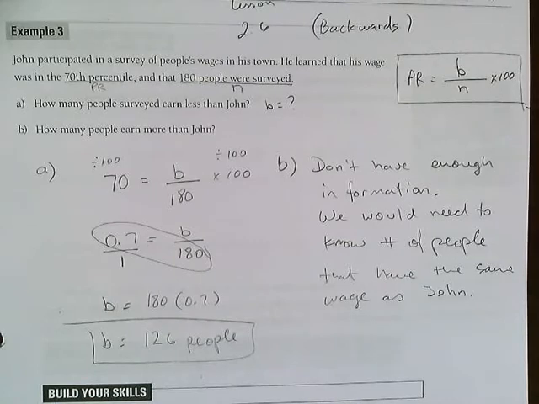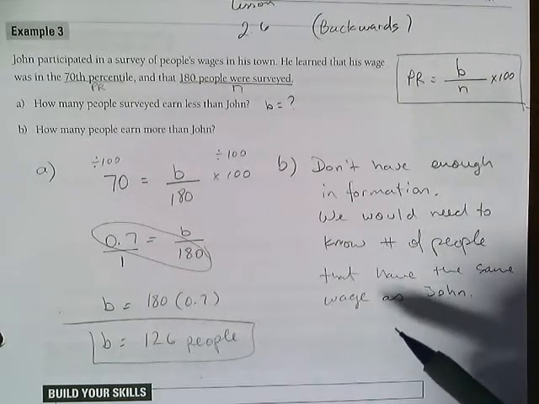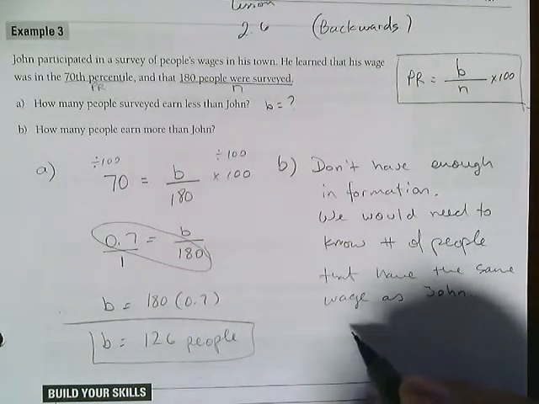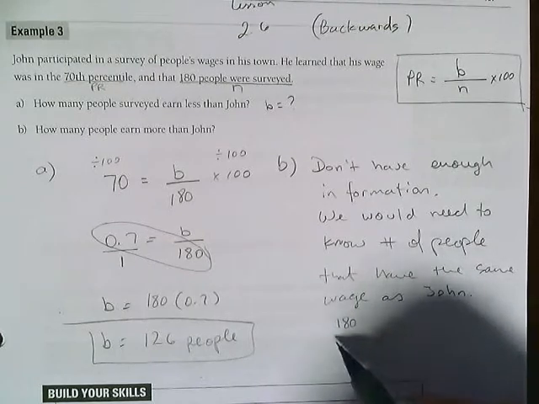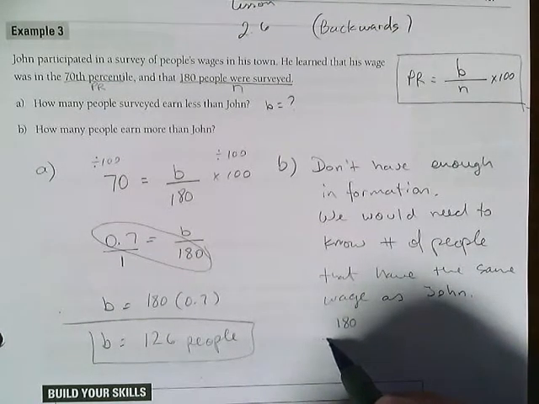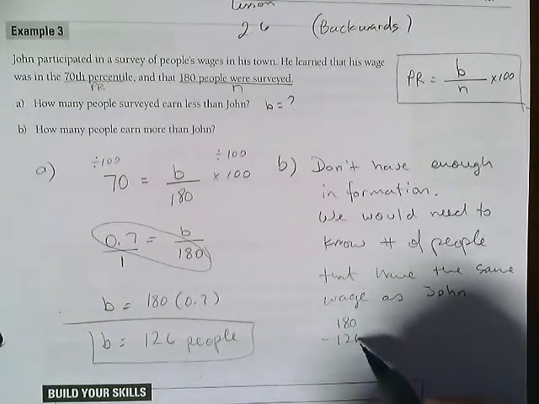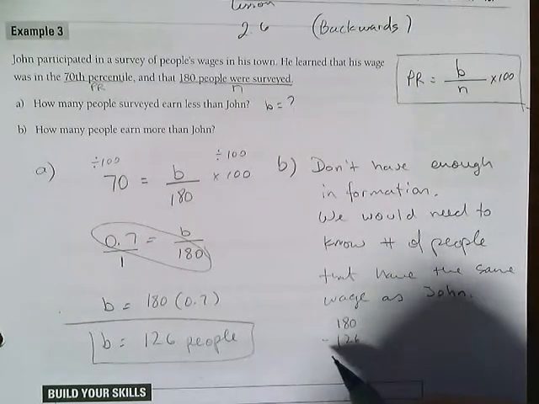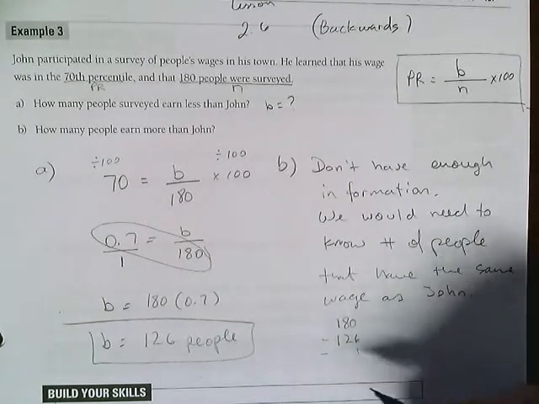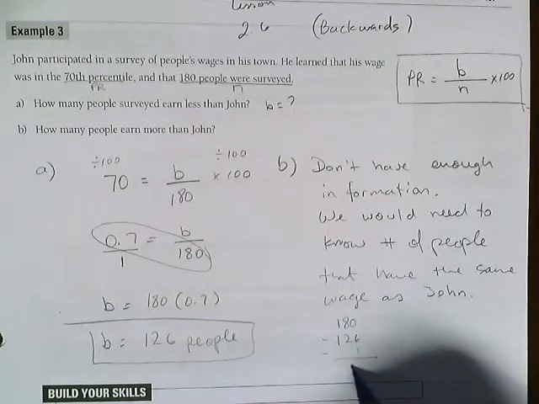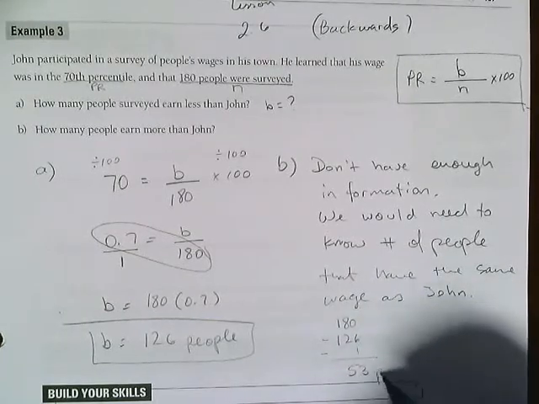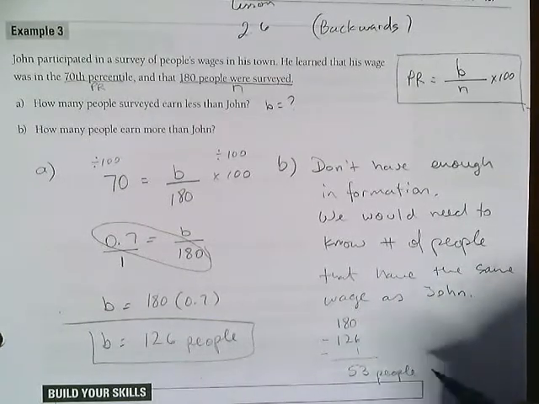So if you think about it, you could say, oh, I'm just going to go 180 minus 126, which is the number of people that earn less, minus John himself. That would give you 53 people, right?